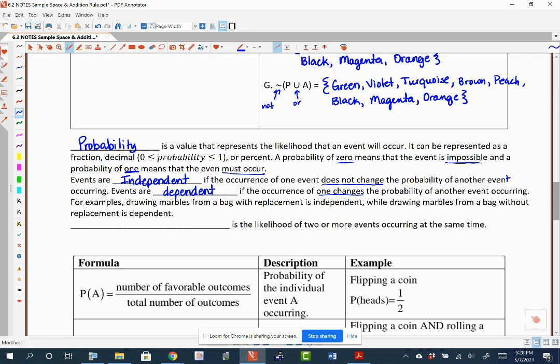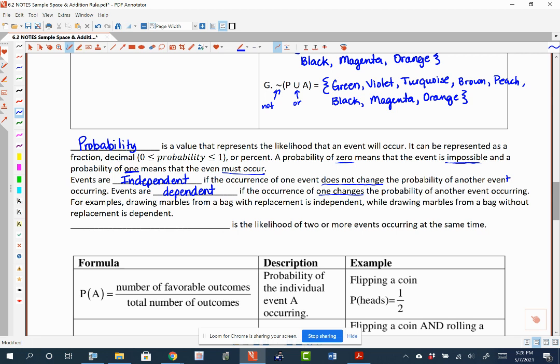So independent doesn't change each other, but dependent does. So for example, drawing marbles from a bag with replacement is independent. So if I have red and blue marbles in a bag, if I draw a marble out, regardless of the color that it is, and I put it back in, I have the same probability of drawing that same marble back out. But drawing marbles from the bag without replacement would then be dependent.